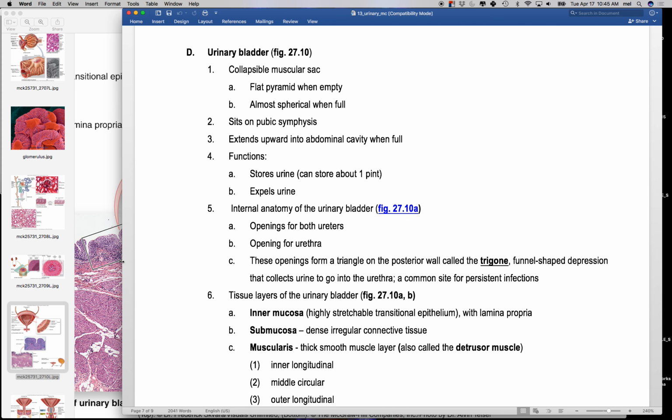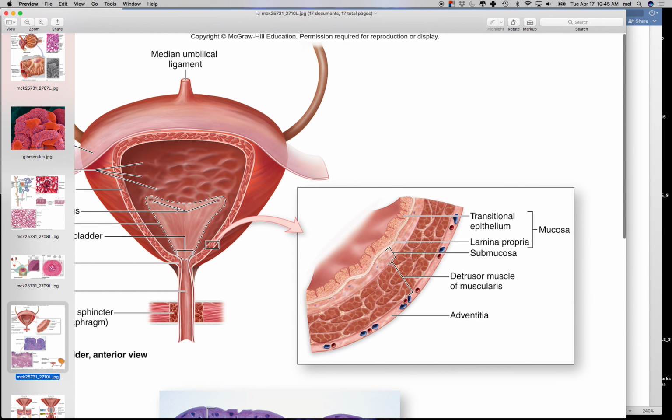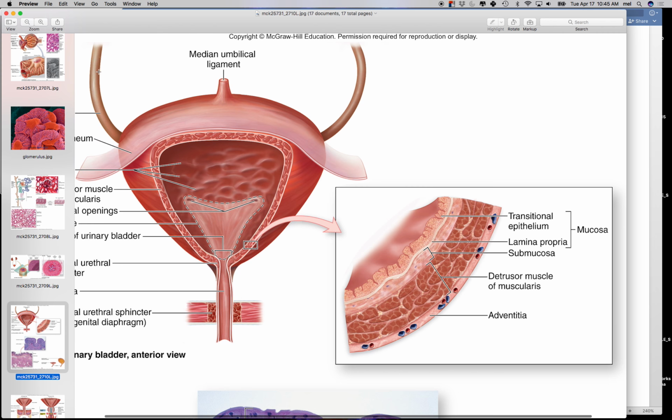Okay, so the internal anatomy of the urinary bladder, let's look at it. It has 3 openings. Please note that even though these attach way up here, they actually don't dump until you get down to the bottom of the bladder. They look like they're going in on the top side, but they just run along the wall before they actually dump in. So you're looking at the anterior surface here. Here are your ureters coming in.